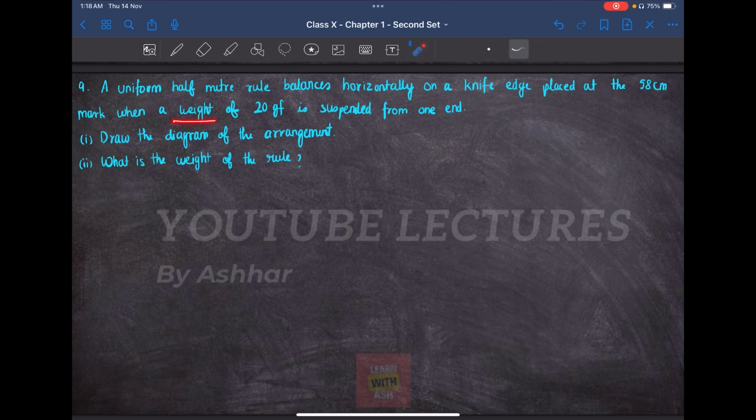When a weight of 20-gram force is suspended from one end, they are telling us to draw the diagram of the arrangement. For that, in the same manner, I will take a straight line. In that straight line, I will consider that this end is 50, this end is 100. The pivot has been made somewhere over here, let us guess in this manner.